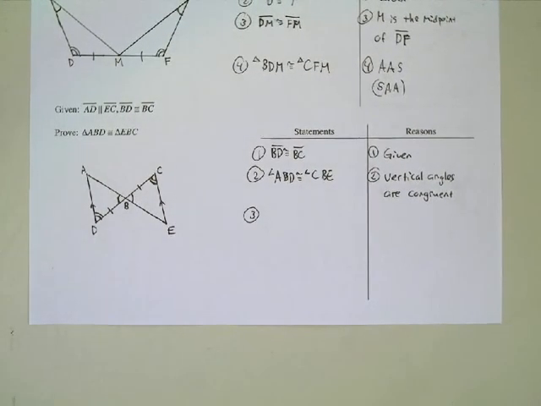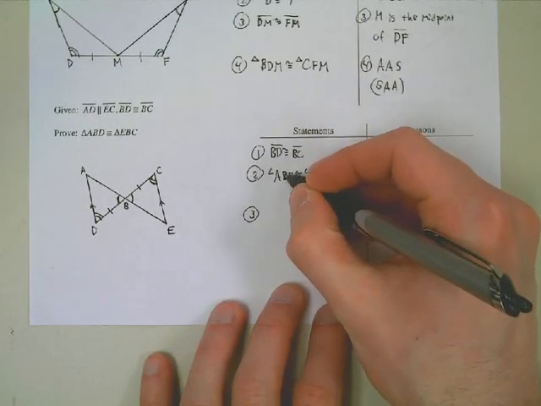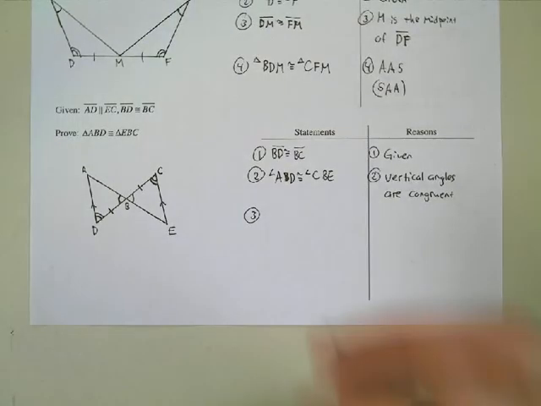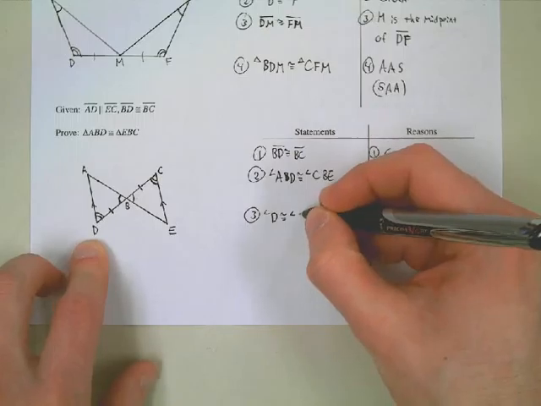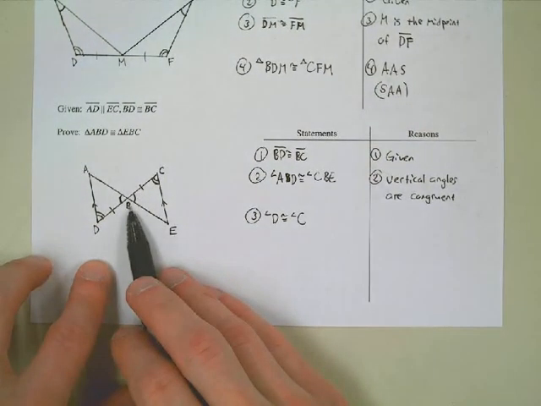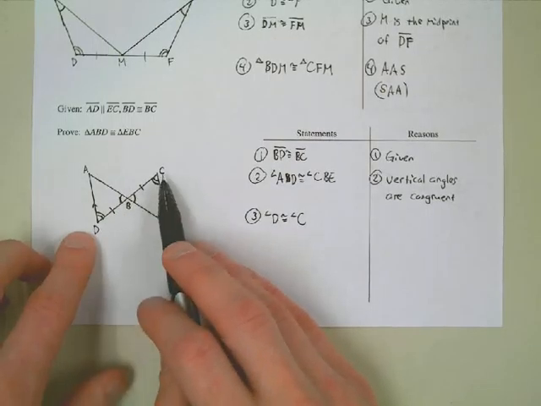Okay, there we go. And then lastly, we can now name, for example, angle D and angle C. Notice here it's okay to use the single letter angle name because there's only one angle at those two vertices. If I just said angle B here, well, there's a lot of angles at angle B that I could pick from. But if I just say angle D and angle C, that's okay. Now, Debbie, you said that D and C were going to be congruent, but why?